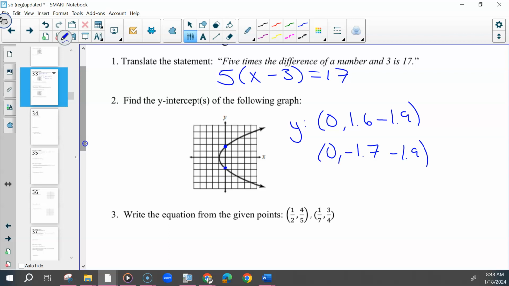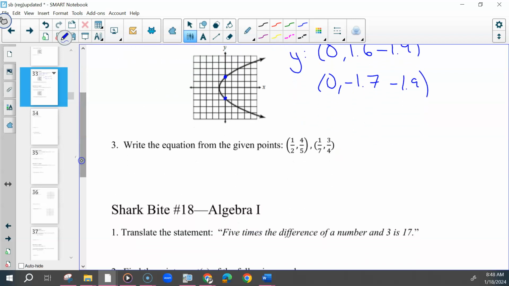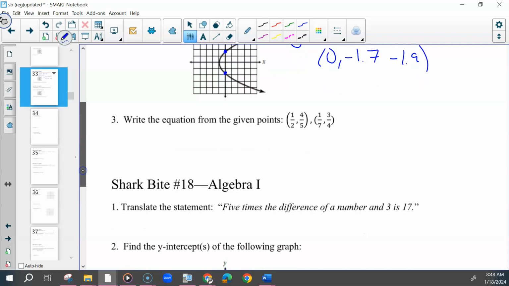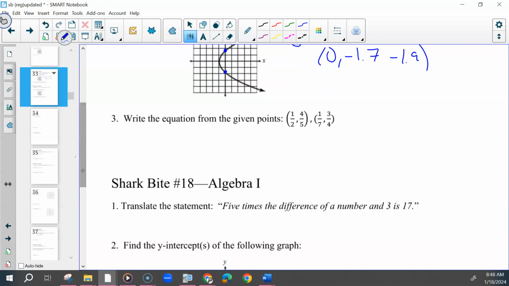Okay. And then number 3 had a lot, so you may want to change this to the 5 spot if you didn't already. You have to find the slope of this and then find the equation. So as a refresher, our slope, we're using y2 minus y1 over x2 minus x1.